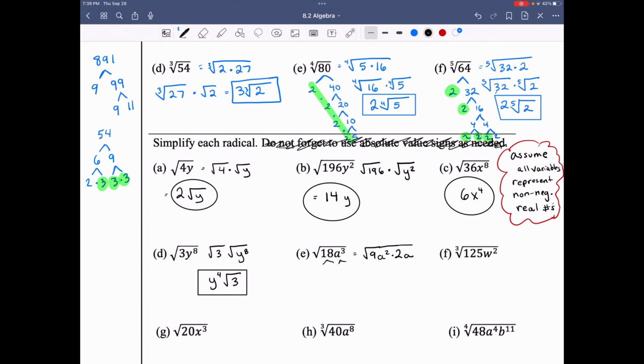And then for a to the third, I know I can take the square root of a squared. So that's why we put this separate. And then to get 18, we multiply by 2 and a to get a to the third. All right, so the square root of 9a squared is 3a, but 2a needs to stay inside the radical.